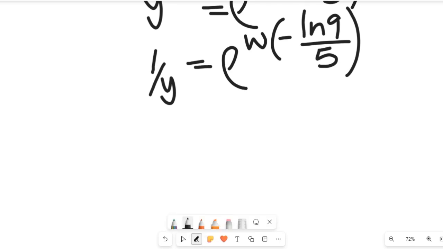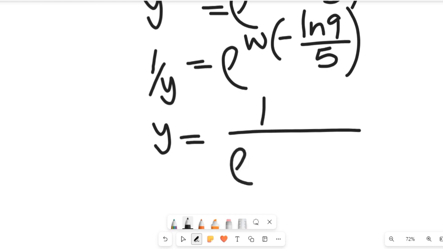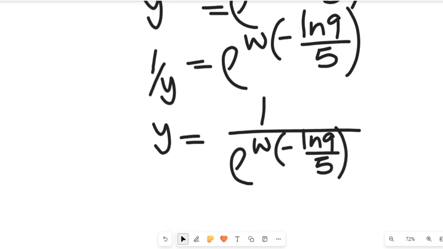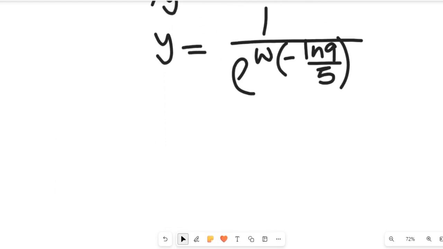This will now give us our y to be equal to 1 divided by the natural exponent of the W function of negative natural log of 9 divided by what? By 5. And this sounds to be the solution to that exponential equation.